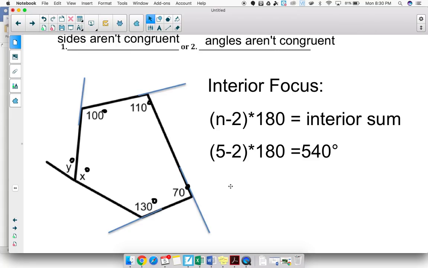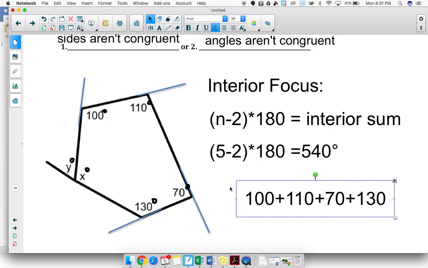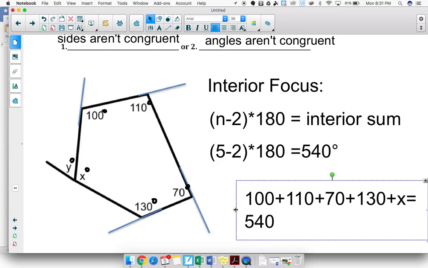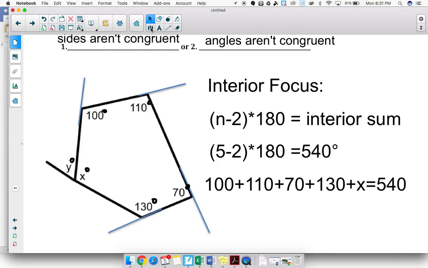So the 100 degrees plus the 110 plus the 70 plus the 130 plus this last one that we don't know has to add up to 540. Let's do the math. I'm going to add these 4 together to see how much we've used.